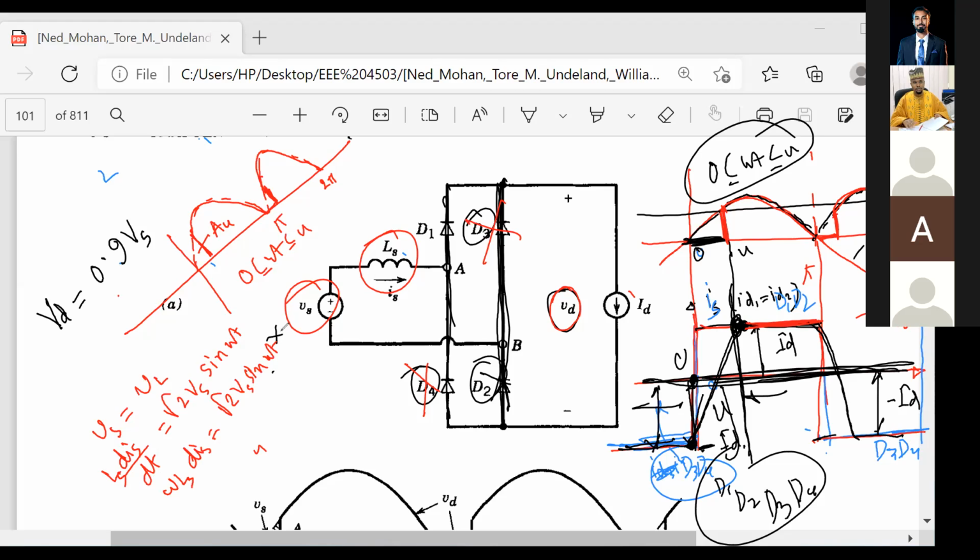Yes, sir. Okay, good. So we are now integrating 0 to u, d of omega t. You are integrating this one from 0 to u. It is nothing but the area. Am I correct or not? This area. So that will also be area Au.